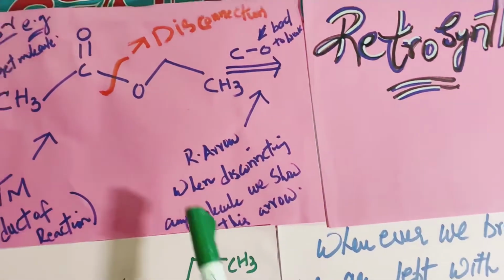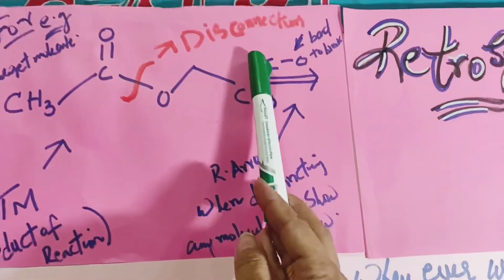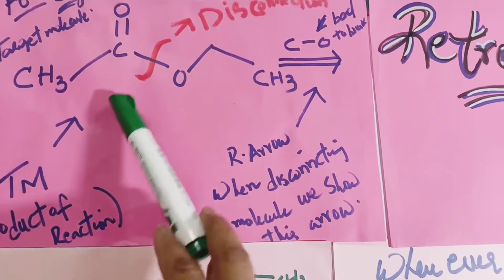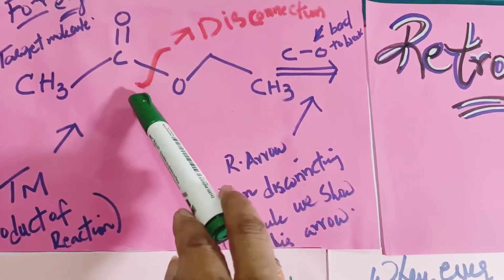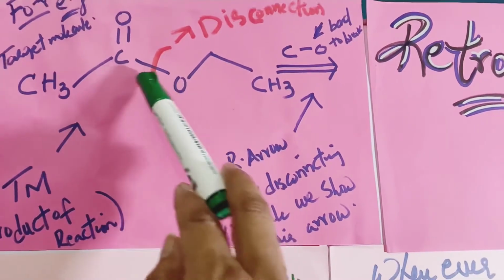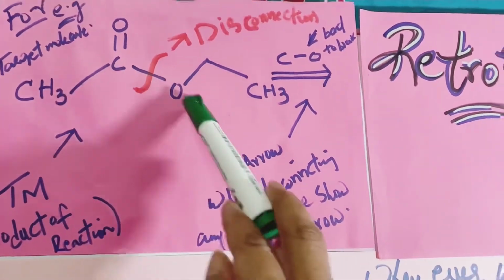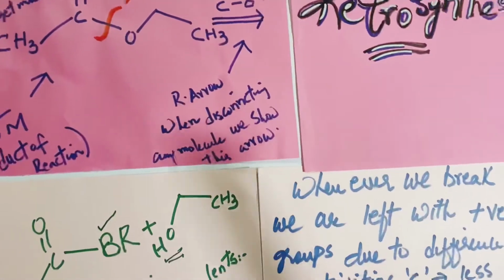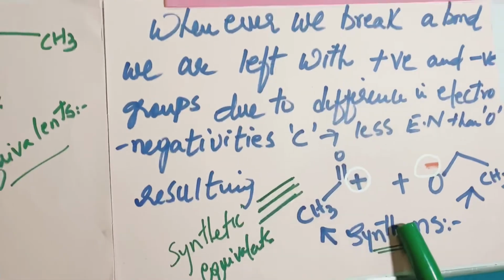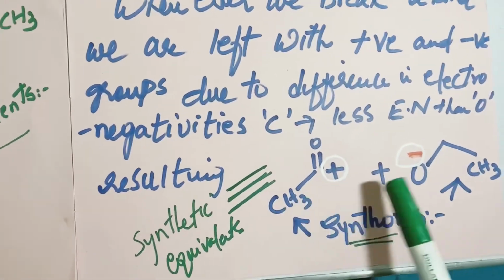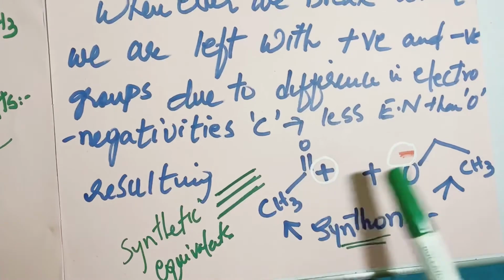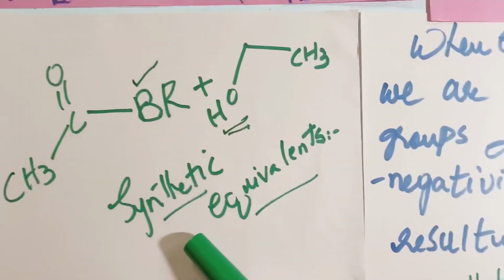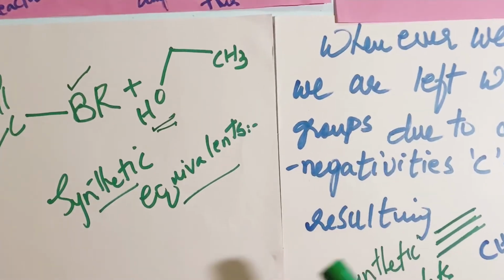And what is a disconnection? You have learned today what is a disconnection. This is represented by this type of a line. If you see it, you can simply say that this has to do with disconnecting the bonds. You are disconnecting the bond here between carbon and oxygen. So you learned disconnections, and then you have come to know what are synthons. After disconnections, you got the synthons in their most unstable forms, and then you get them back to their synthetic equivalents by joining them with your counter ions.